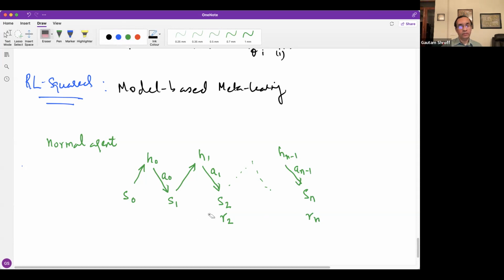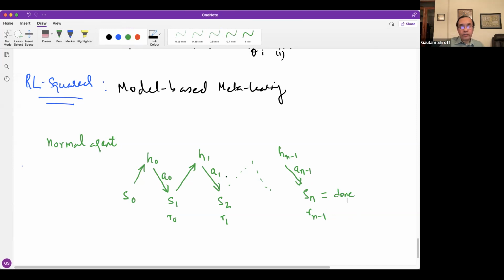That's the key. This reward was because of this action, so this is R0. This reward was because of this action, this is R1. This is R_{n-1}. It would also get an Rn if it were to act in this state, but it didn't act in this state, so it didn't get any reward over here. So you got n rewards, it ends up in state Sn, and let's assume that this is the done state.